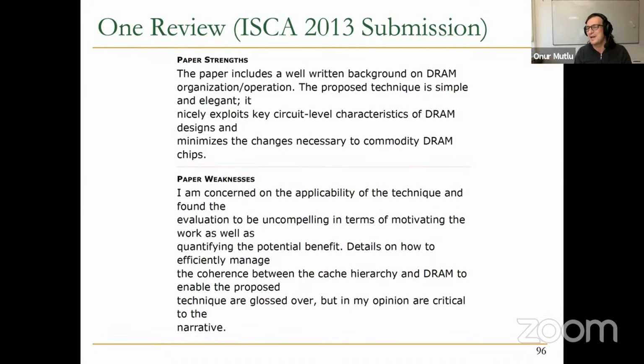You can see the evaluation in the paper is actually not bad, but clearly we can do more, right? You can always raise the bar to say, why don't you implement on a real system? I'm not going to accept this paper until you implement on a real system. I think that would be terrible for scientific progress, right? Because the off-the-shelf DRAM chip demonstration came 6 years after we published this paper. If it was so easy, someone should have done it earlier, right?